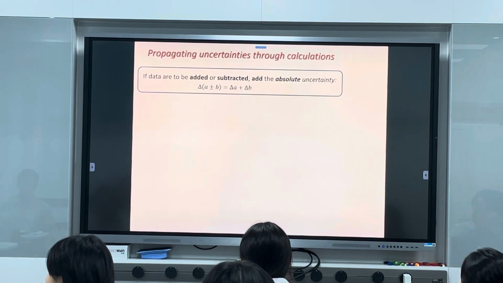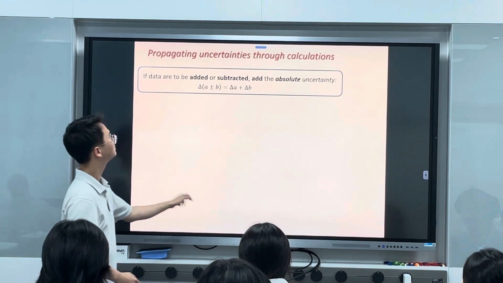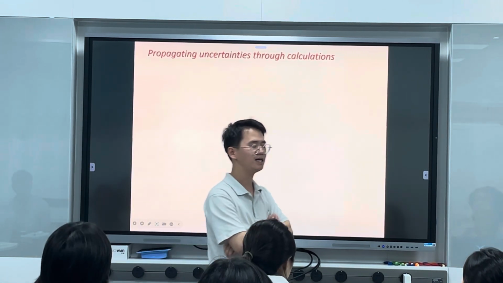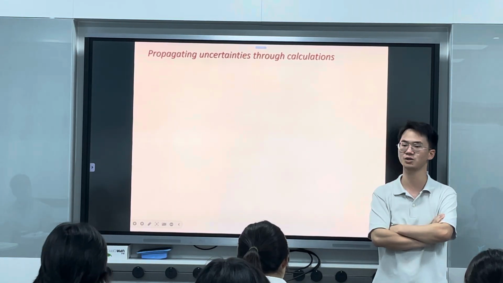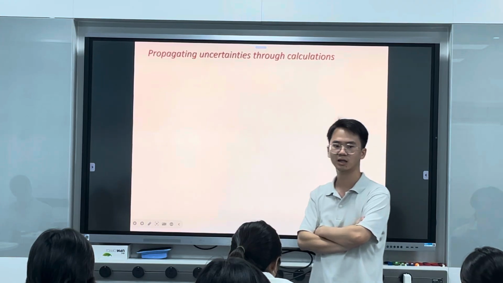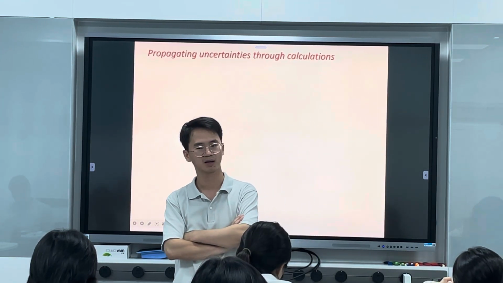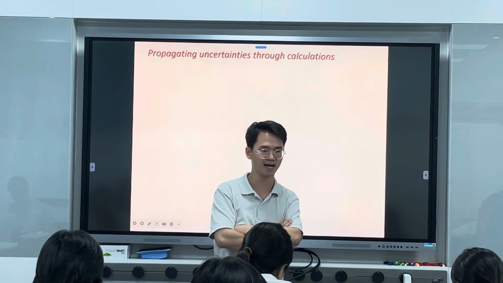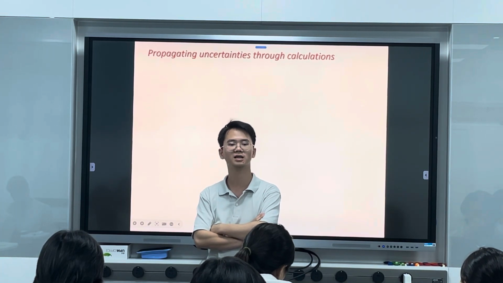All right, propagating uncertainty through calculation. Without anything on the PPT, let me ask you a quick quiz. Mingy, so let's say y equals a plus b, and a has an uncertainty of delta a, b has an uncertainty of delta b. What is y's uncertainty?